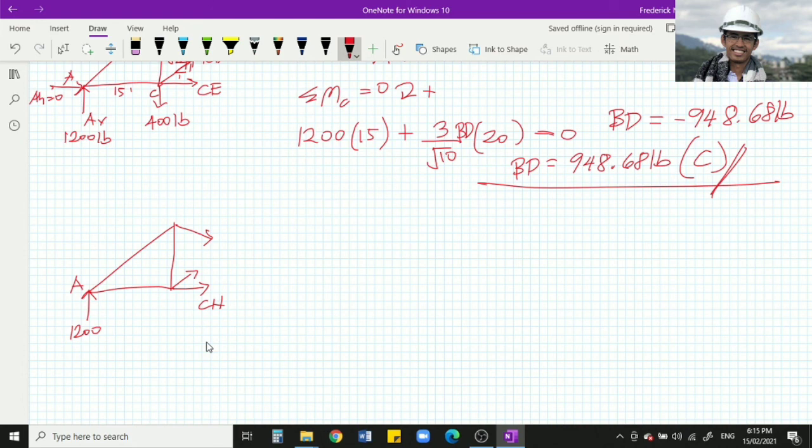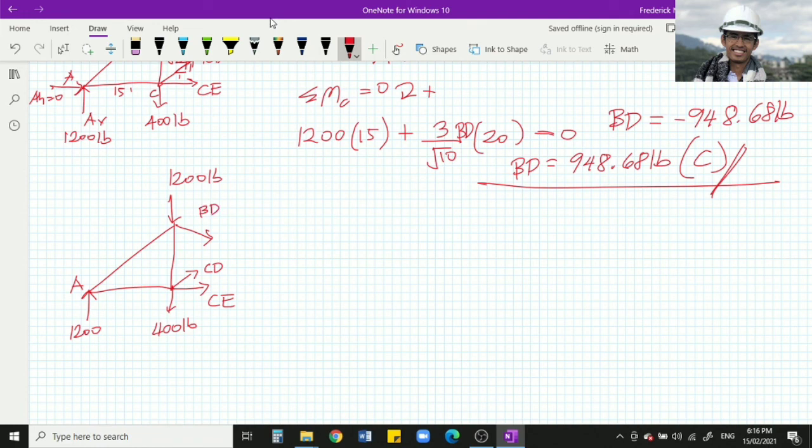So, class, kung ito yung mayroon tayong force dito, 1,200 pounds, and dito, 400 pounds. So, CE natin, and CD, and ito naman is BD.